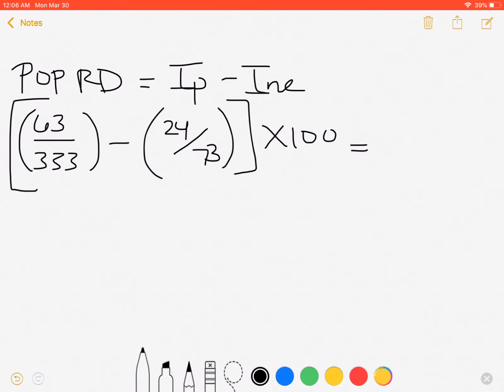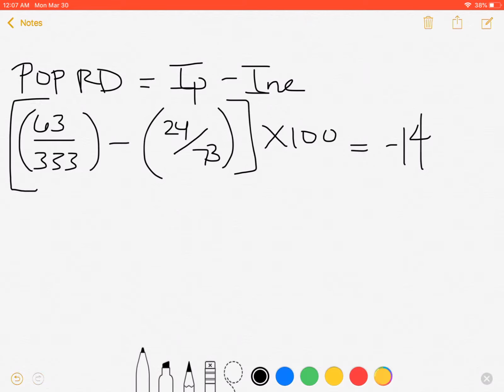I have to put this one in my calculator still, so give me a second. And the answer is negative 13.95. So we round up to negative 14.